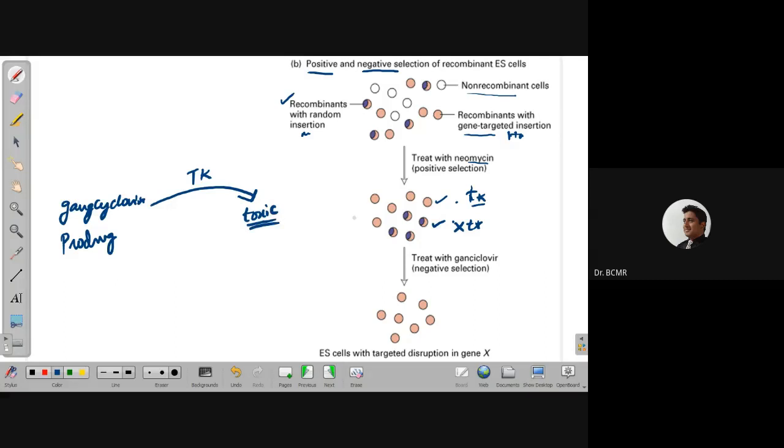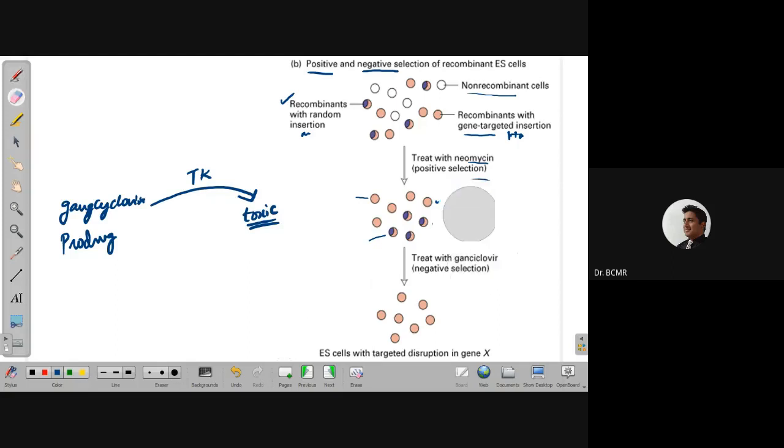Okay? So if we have two different types of cells, those that are non-homologous recombinants and those that are homologous recombinants. Homologous recombinants do not have thymidine kinase, whereas the non-homologous ones have thymidine kinase. And if we grow these cells in ganciclovir, okay, then those cells that have, one second, I think I made a small mistake here.